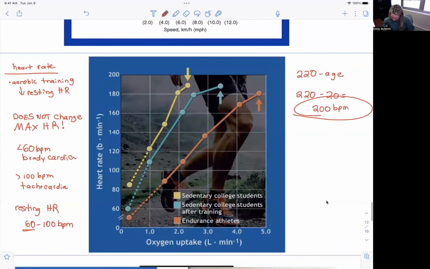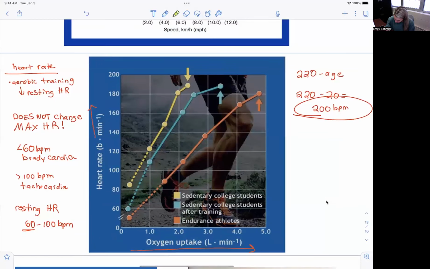Oh, we didn't analyze the graph. We'll look at this really quickly. So our x-axis is our oxygen uptake, our y-axis is our heart rate. And so essentially when we're talking about your max heart rate not changing, this is exactly what we're talking about right here.